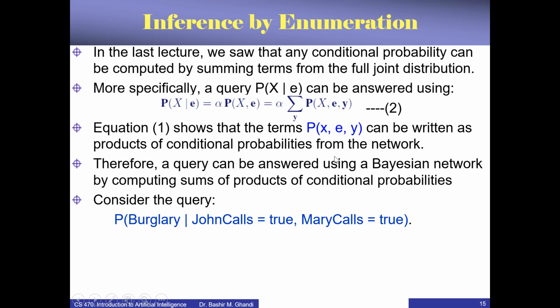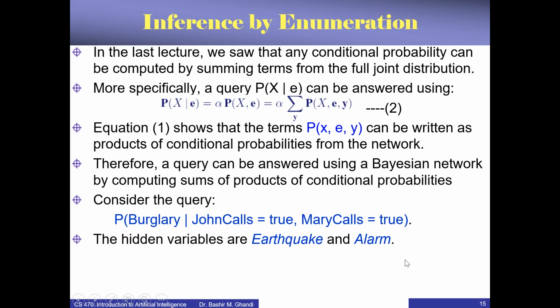So obviously the query variable is burglary. The evidence variables are John calls and Mary calls. And therefore the hidden variables, which we don't know, are earthquake occurs and alarm sounded. So the hidden variables are earthquake and alarm.